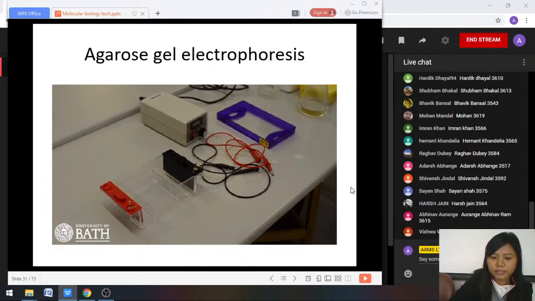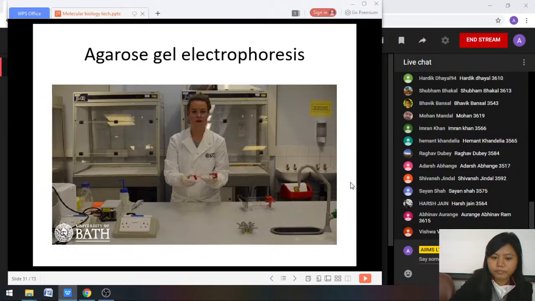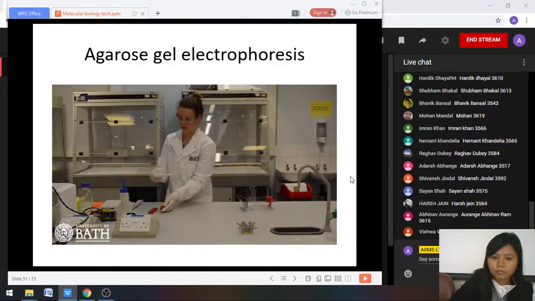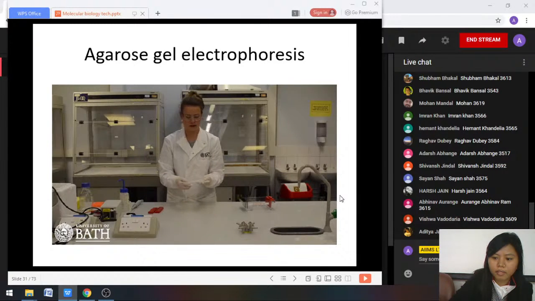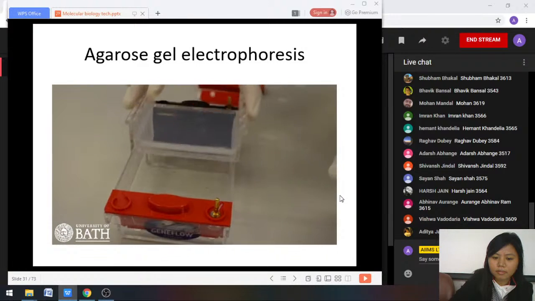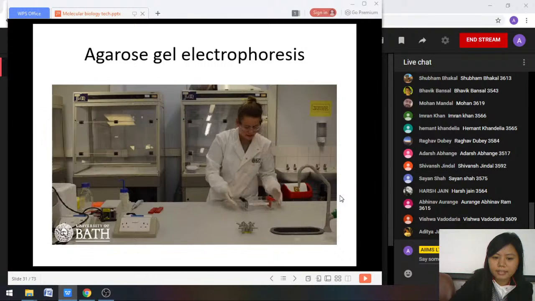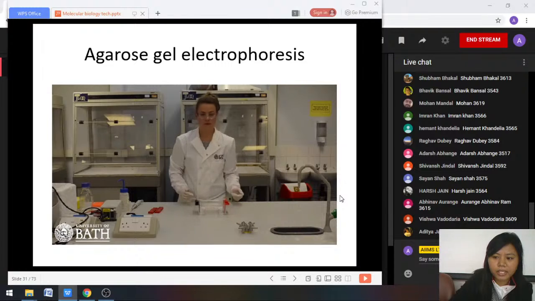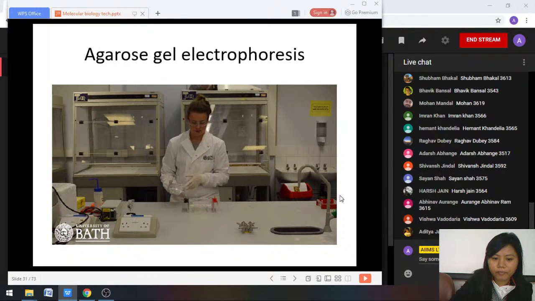You have the electrodes here, and you can place the gel tray inside this apparatus. This is a gel loading apparatus.